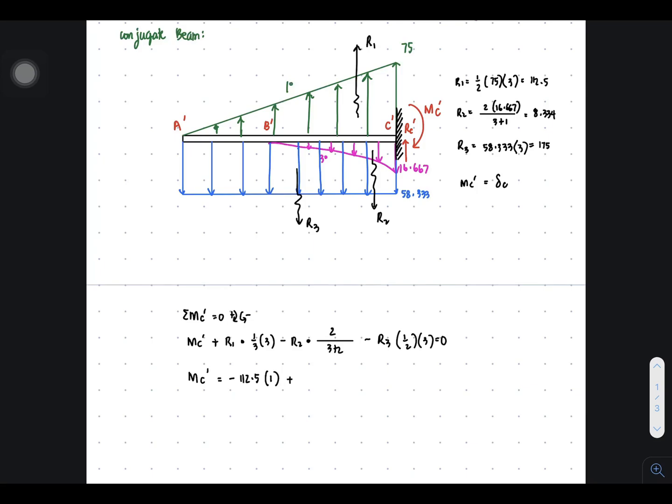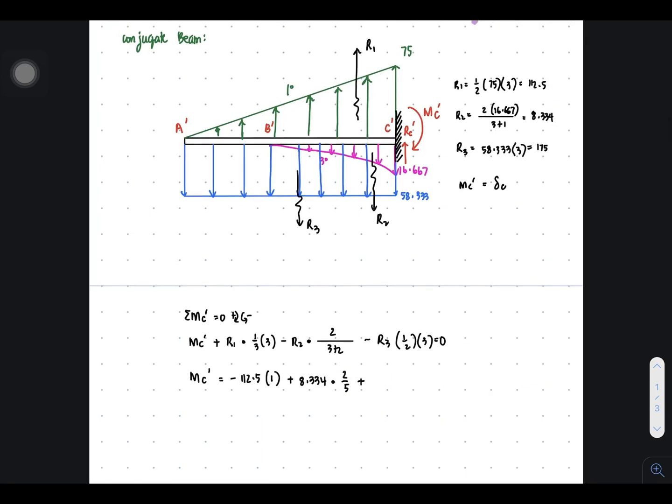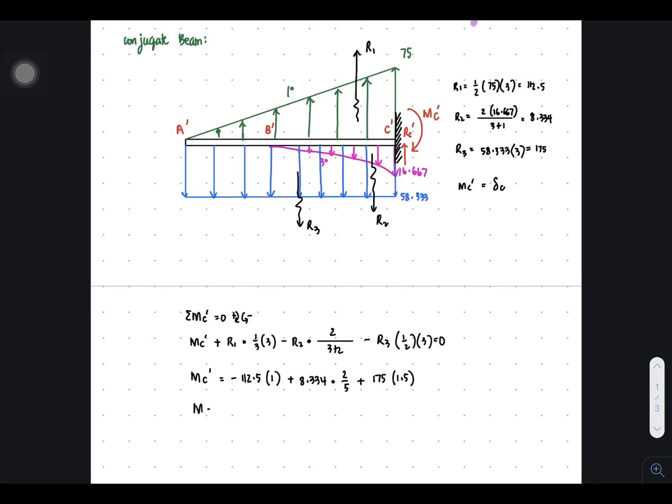So transposing all the terms except MC prime to the other side, it will be negative R1, R1 of 112.5 and multiply it with 1. 1/3 of 3 is 1. And then plus R2, which is 8.334 times 2 over 5. And then plus R3, which is 175 times 1.5. Therefore, MC prime is negative 112.5 times 1 plus 8.334 times 2 over 5 plus 175 times 1.5.